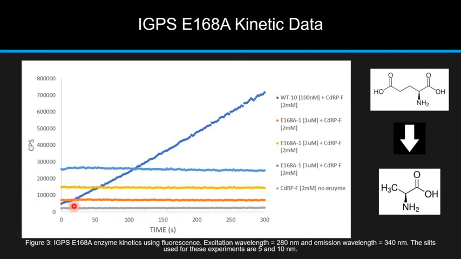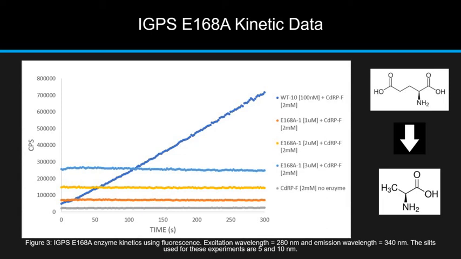We see 3 different runs for mutant E168A, and all 3 of these runs show no significant increase in slope. Although there have been individual runs that are not shown here, where this mutation portrays small amounts of activity, meaning it had a bit of a positive slope. On average, most kinetic runs exhibit no positive slope, and that is what we see in this figure.